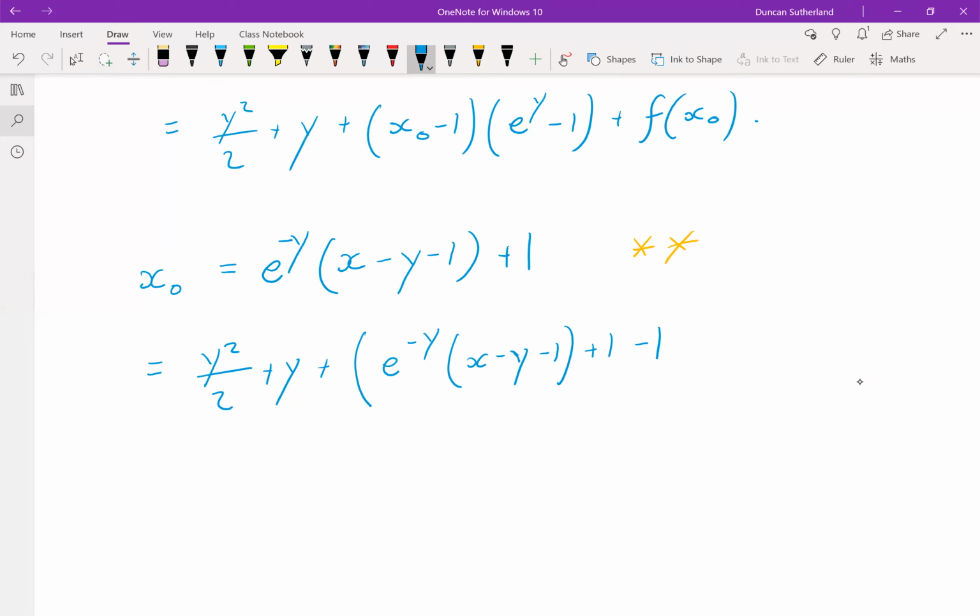So that's that -1. It's obviously going to count that one. Okay, so something interesting is going to happen to this term here.